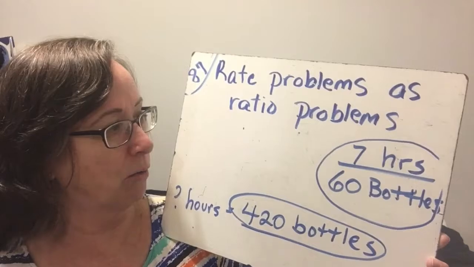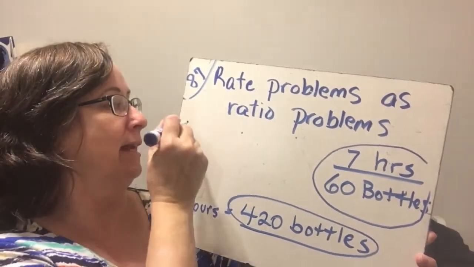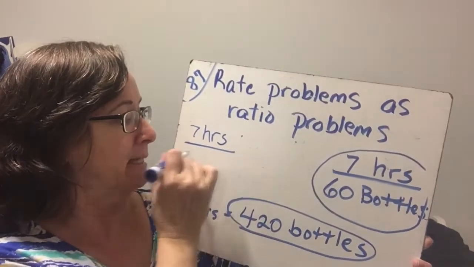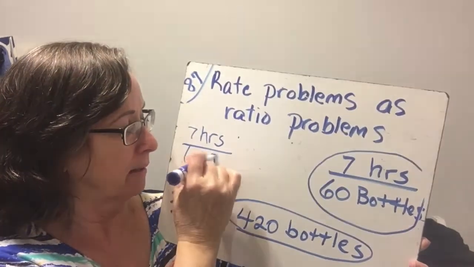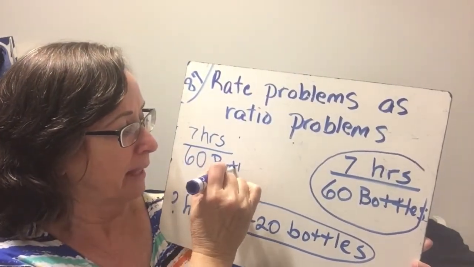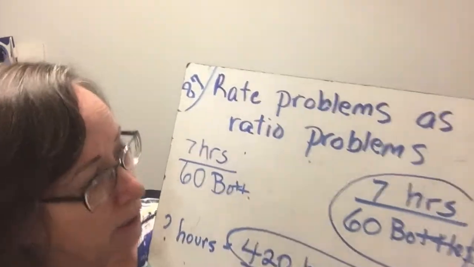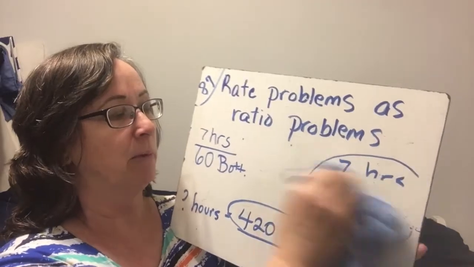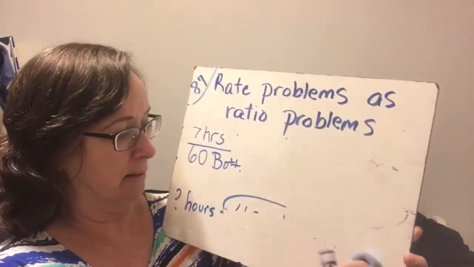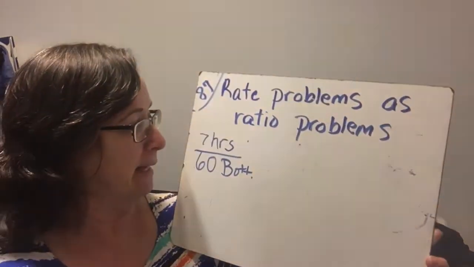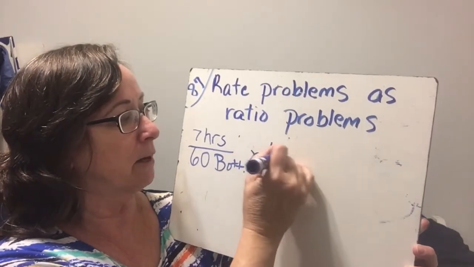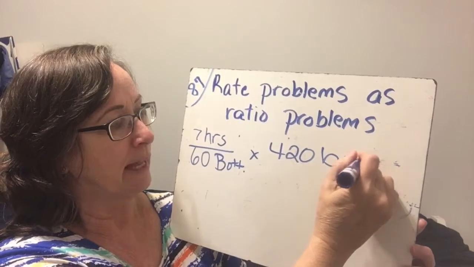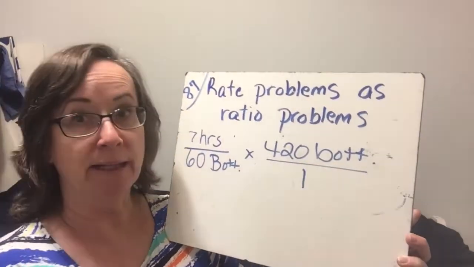Okay, so we're going to have 7 hours over 60 bottles. And then we're going to use the 420 bottles and multiply by that. Okay, so times 420 bottles. If I want to, I can put over 1.